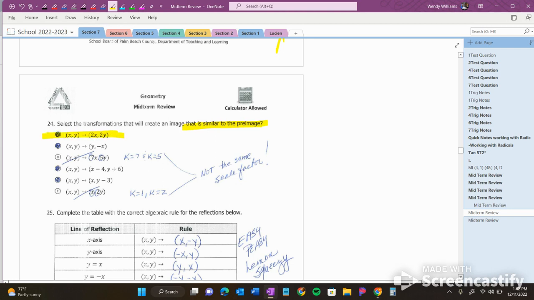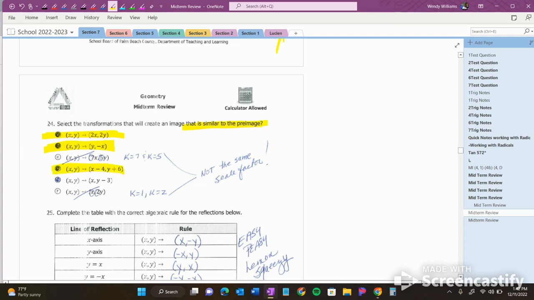Dilations are similar. Rotations are congruent, therefore they are similar. On C, we have two different dilation numbers, 7 and 5. So they cannot be similar because they're not blowing up the image correctly.